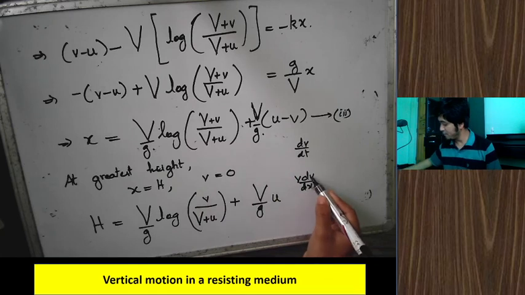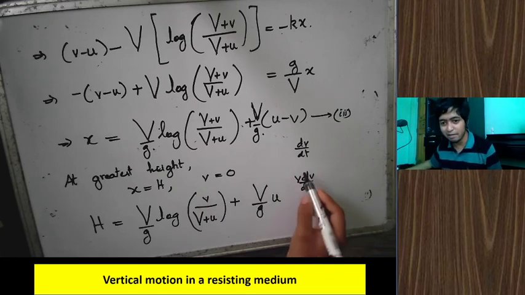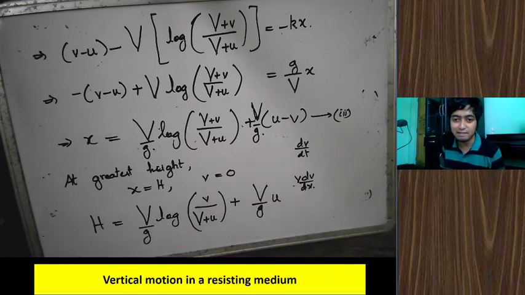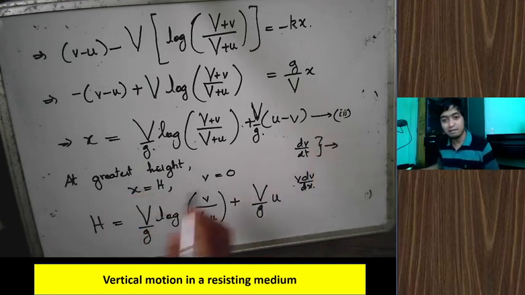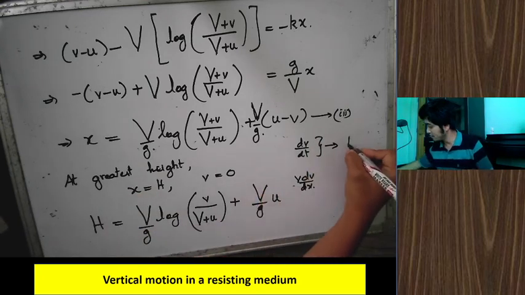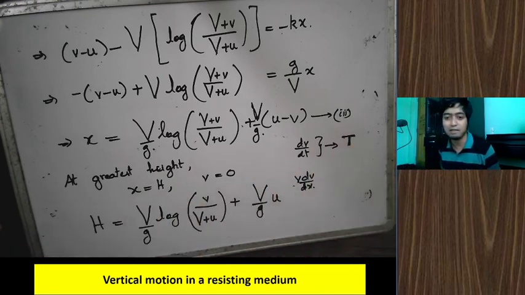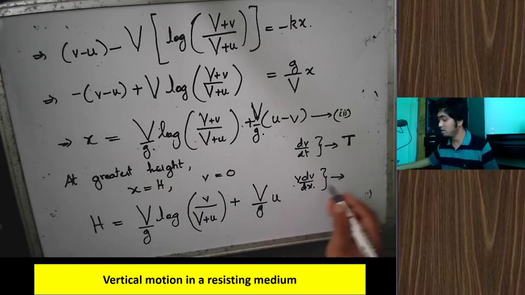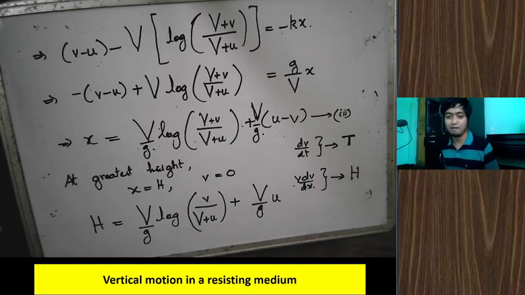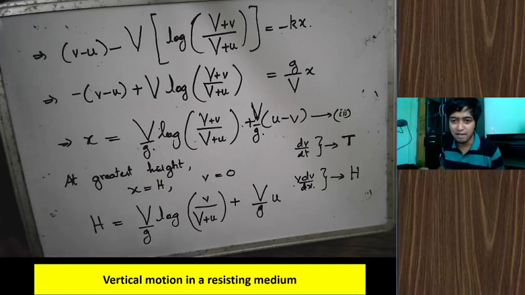If I am using v dv dx, I am getting a relation between v and x. The first one will be used to find the capital T, the time to reach the greatest height. And v dv dx will be used to find the greatest height. Okay, so that is a summary.